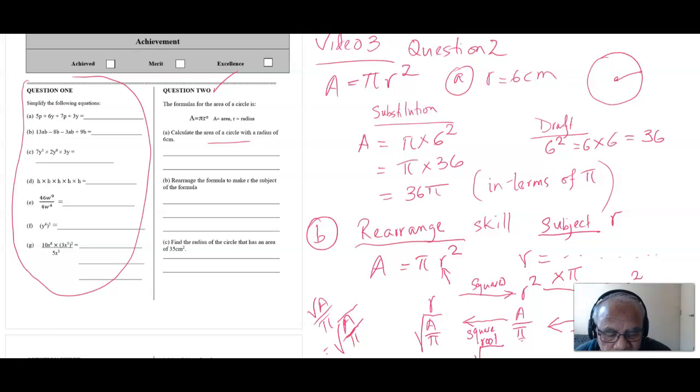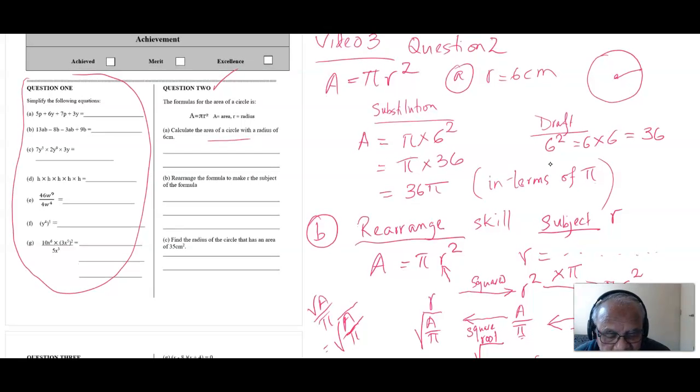So my final answer is, I know everyone is waiting for that, the square root enclosing area divided by pi. If I square root that, area divided by pi, that will give you the radius. That's what it means.